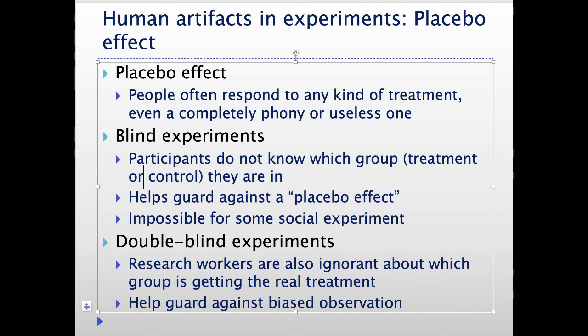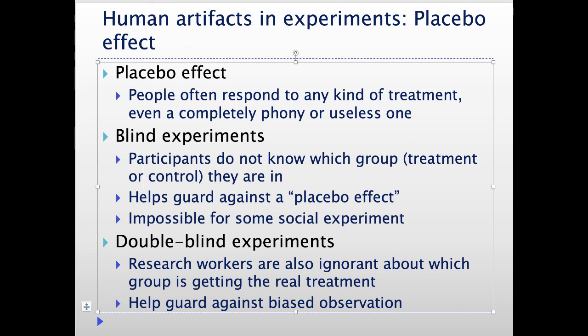So what about in social and policy experiments and the kind of things we're interested in? Well, even sometimes when it's not possible to blind the research subjects, it is often possible to blind the research workers. So imagine that you're doing an educational intervention and you want to evaluate people's knowledge or skills.